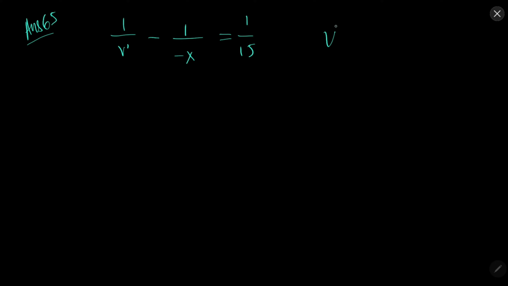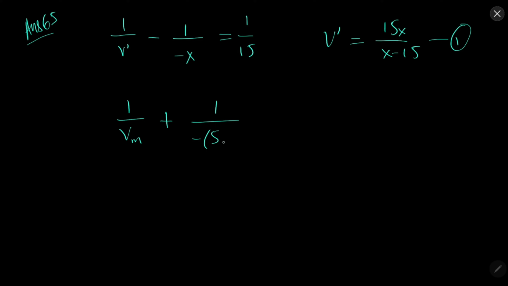Let this v dash be 15x/(x minus 15). Let this be equation 1. Scenario 2, 1/Vm plus 1/(minus 50 minus x) equals 1/minus 10.